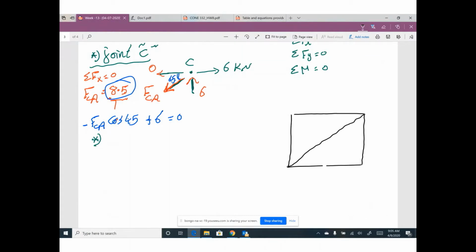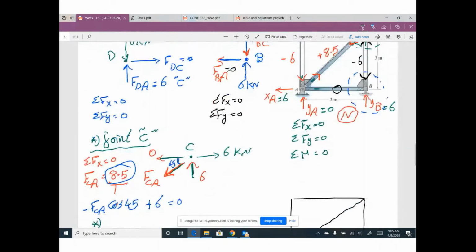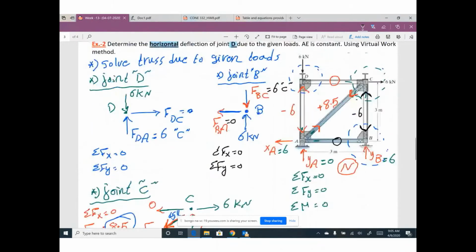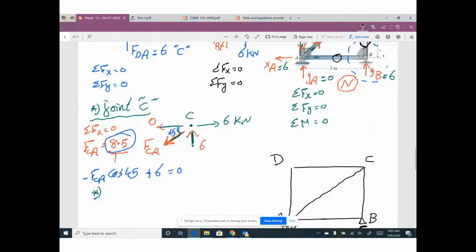We have only a hinge at A, a roller at B, and we have C and D. I removed all forces. We have 6 kilonewton and 6 kilonewton. If you removed forces, your reactions will be removed also. So we have a truss without anything.